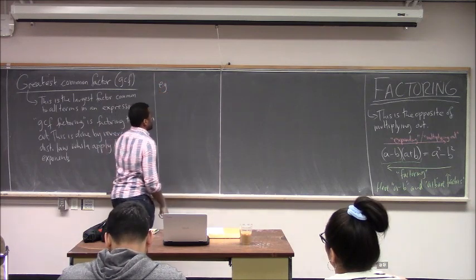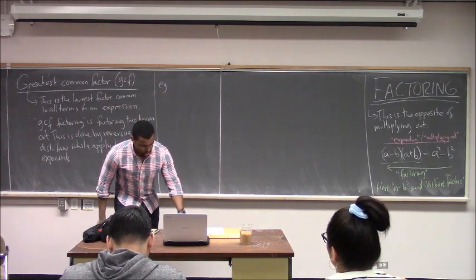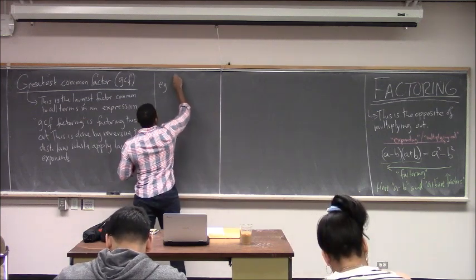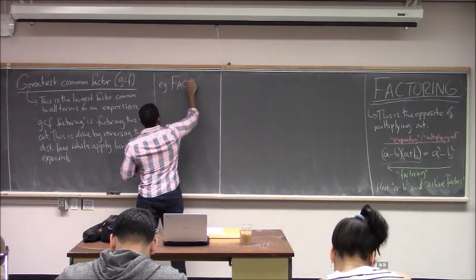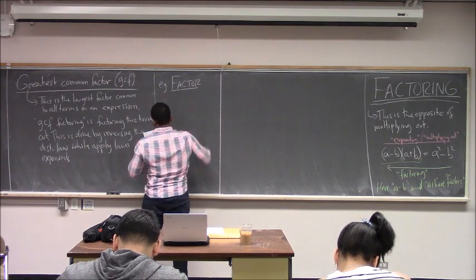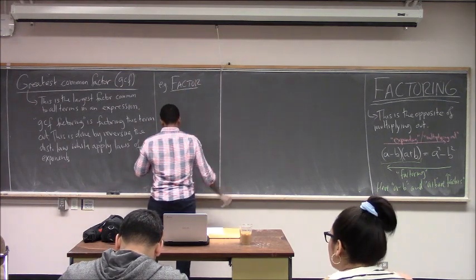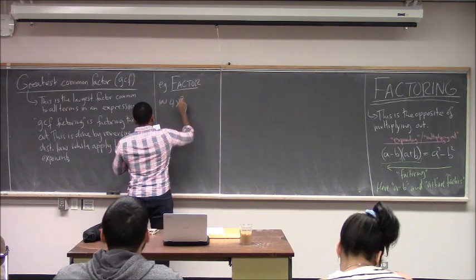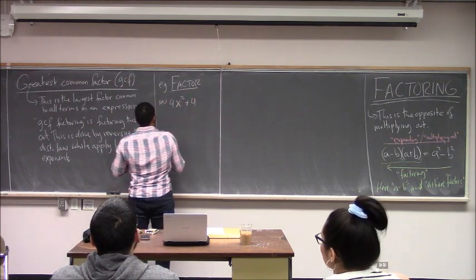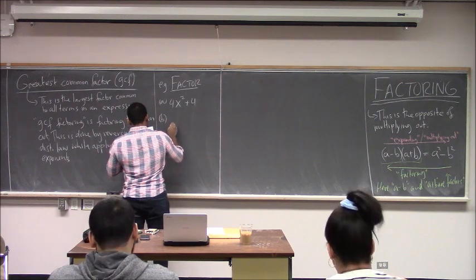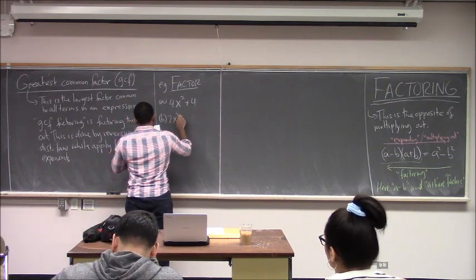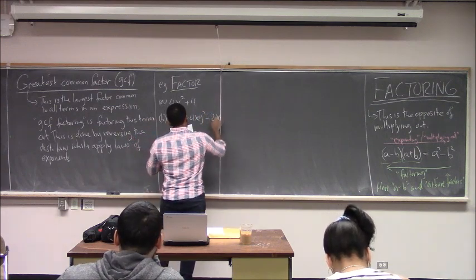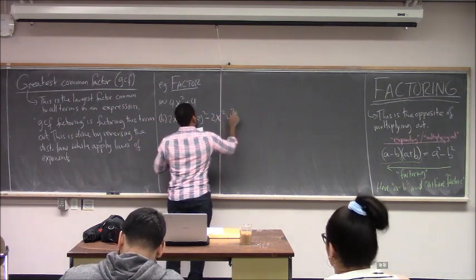So let's do the first example. I want you to factor these. A. x squared plus x. B. 2x squared y plus 4xy squared minus 2x squared y squared.